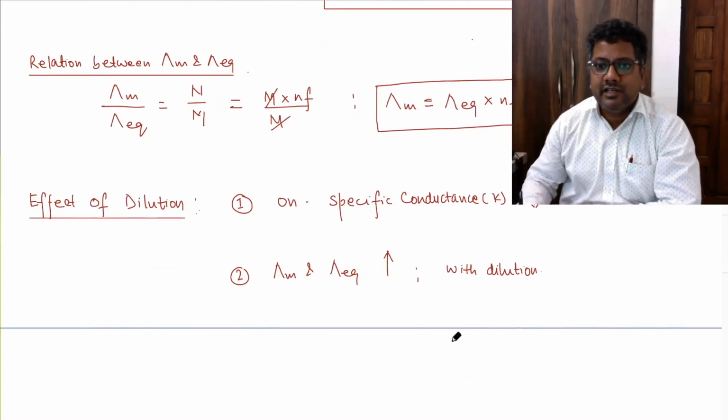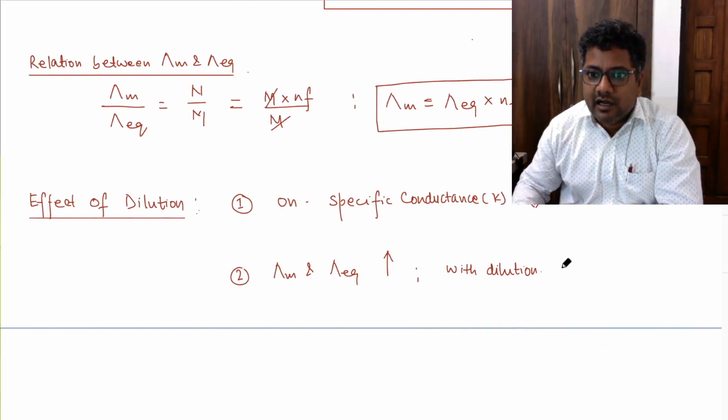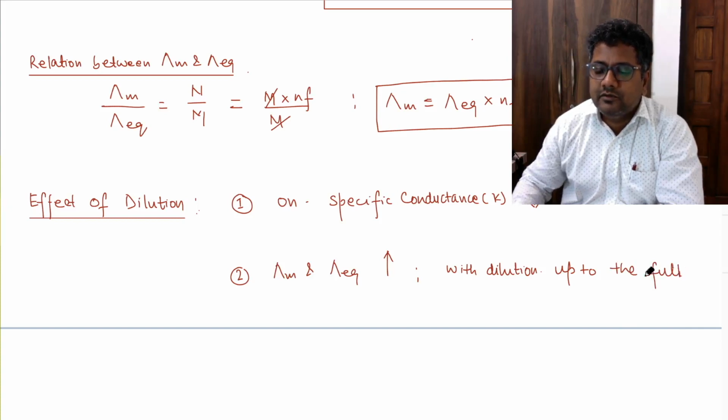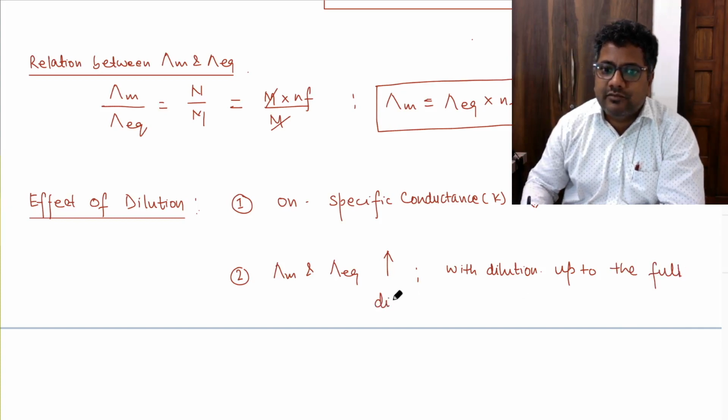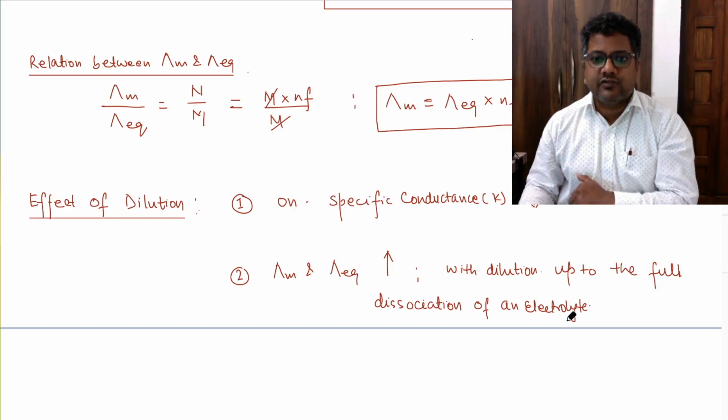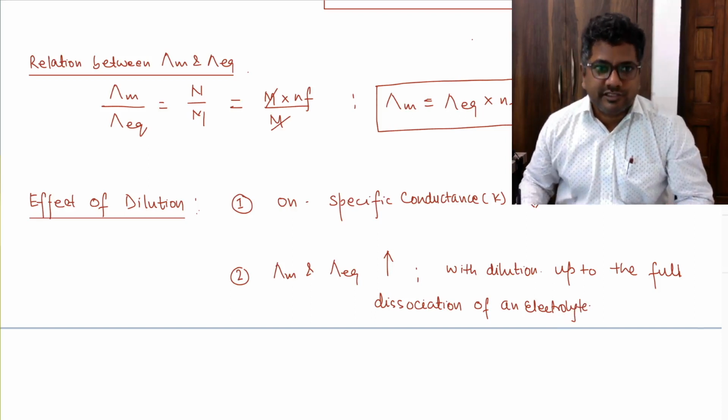It increases with dilution up to the full dissociation of an electrolyte. Once the electrolyte is fully dissociated, then it becomes constant, right?